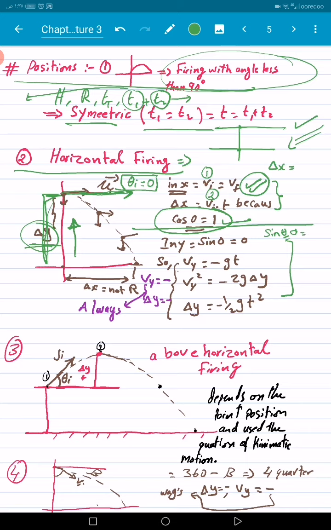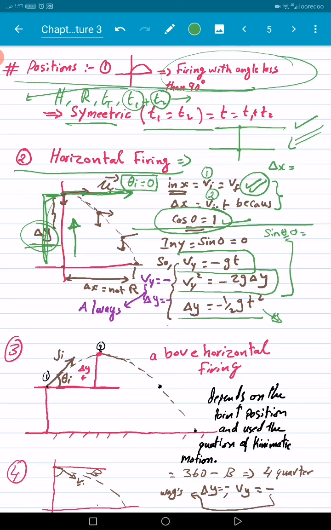So v final is equal to minus gt. From the second equation, v final squared is equal to minus 2g delta y. Delta y is equal to minus half g t squared, and this is the equation that I mentioned to you last time, so you can take it from here.